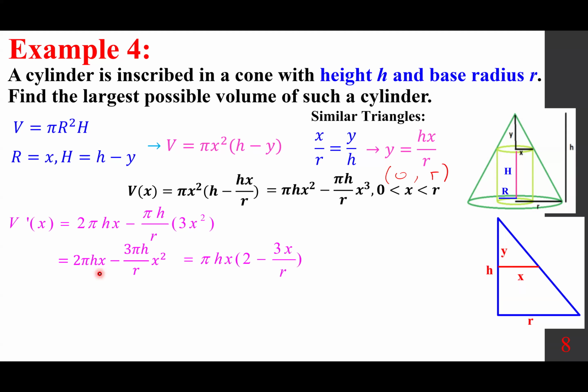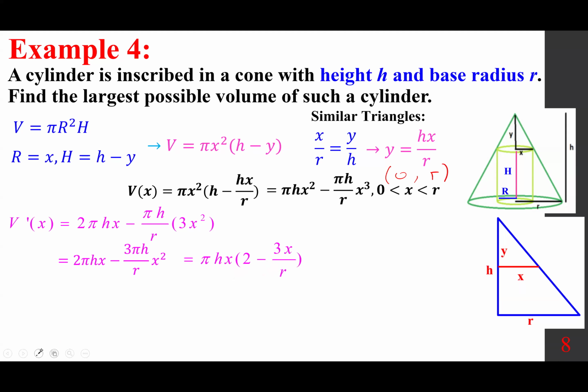Why did we do that? Because I want to set this equal to 0 for the sake of finding critical points. That's why we did the factoring in this fashion. So if I set this one equal to 0, x becomes 0. If I set this one equal to 0, x becomes 2/3 r.